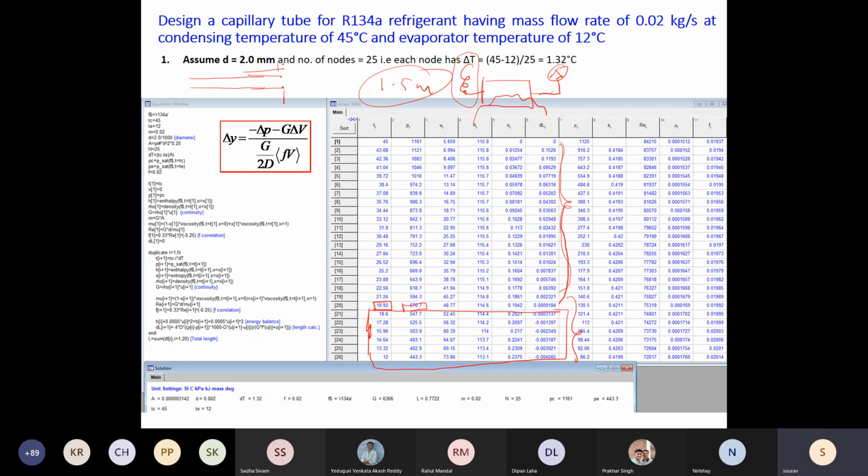But your evaporator pressure is low compared to this 570 kPa. Let's say it is 443 kPa. There will be a shock wave just at the exit of the capillary tube, and the pressure will suddenly decrease from 570 kPa to 443 kPa.